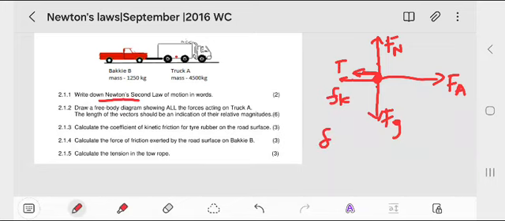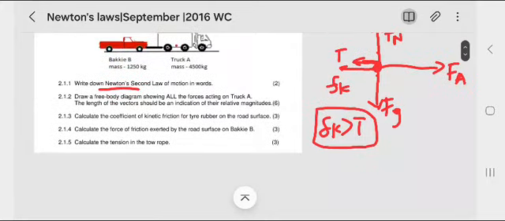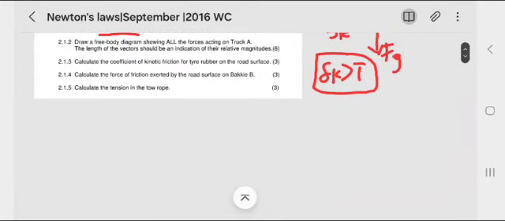As you can see, Fk is greater than T. This is our free body diagram. If the tension becomes greater than the friction, the rope will tear. So let's calculate 2.1.3.